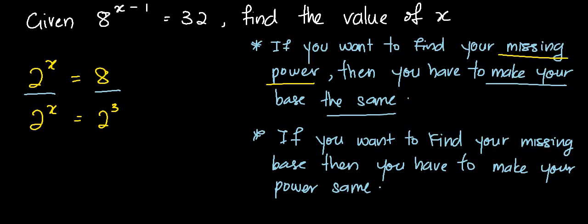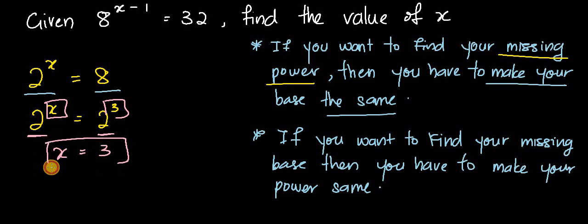So now, if your base is the same, you can compare the power. So if your base is the same, which means your power should also be the same. Hence, the value of x is 3. Alright? Remember, if you want to find your missing power, then you have to make your base the same. So this is what it meant.